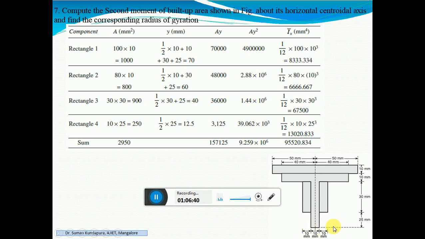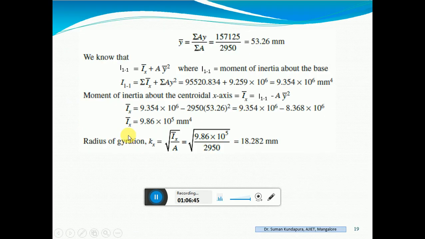Moment of inertia about the reference axis minus total area into y bar square, you will get Ix bar. So Kx is equal to square root of Ix bar divided by the area 2950, you will get 18.282. So we have found out the radius of gyration about the x-axis.